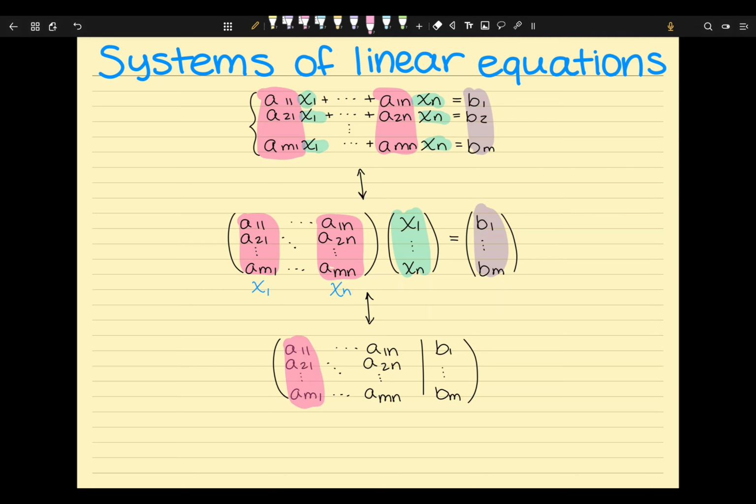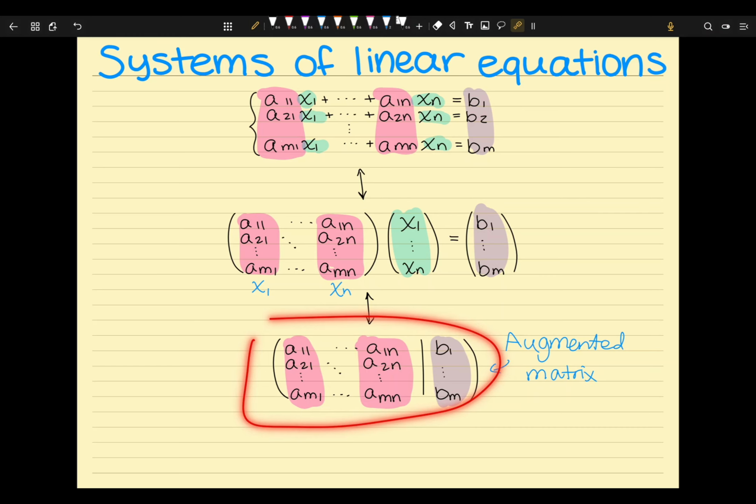We've kept all of our scalars around, and then we've combined this vector here. So this contains the same amount of information as the system, but now it's in a matrix form. And we love matrices.